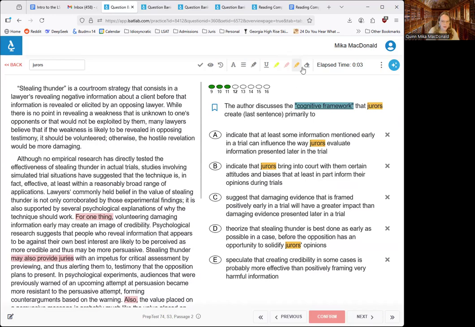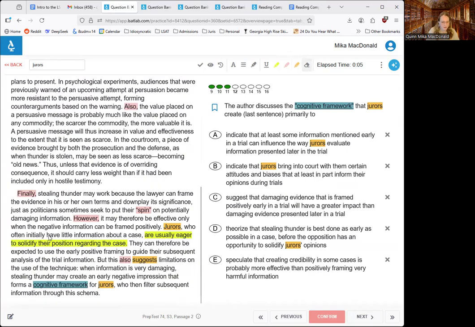Okay, so now we have a local usage one, right? We have this very specific wording, cognitive framework, and this asks, why did the author use that? Right? Why did the author bring up jurors creating a cognitive framework for jurors? Well, I want to go read context.